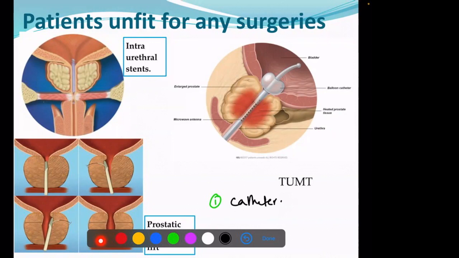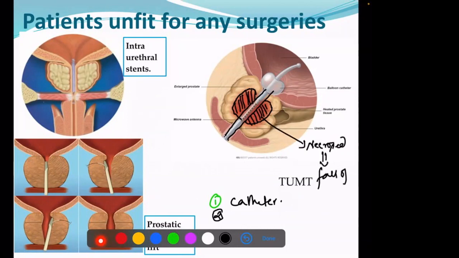We can use a technique known as TUMT, that is, we'll put a microwave catheter inside the prostate, and this will produce microwaves that can damage the enlarged prostatic gland around the catheter, and after that it will necrose and fall off.